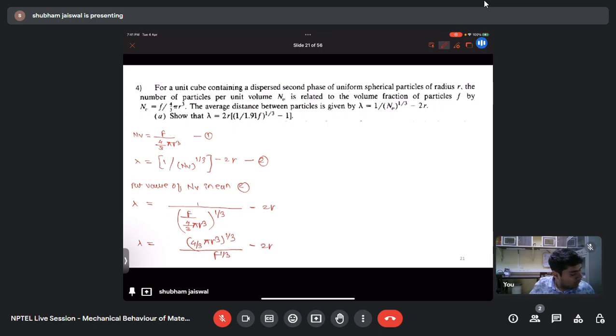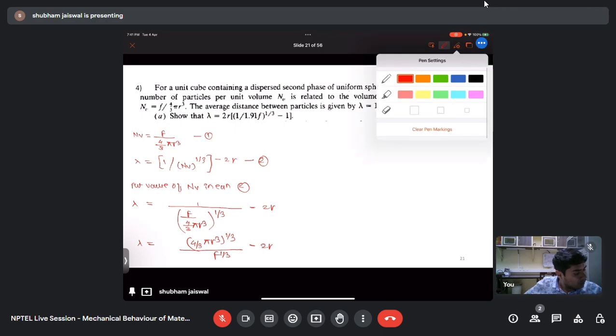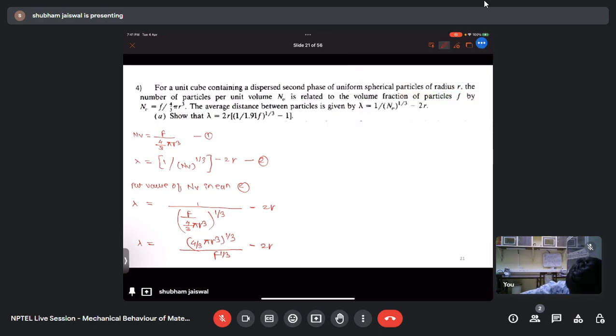So this cube root and this 3, we can write as lambda equal to 4 by 3 into pi to the power 1 by 3, r cube to the power 1 by 3, upon f to the power 1 by 3, minus 2r.